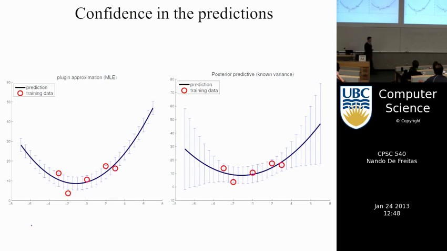Today's lecture is going to be about this. Maximum likelihood will give you very good predictions. So if you have those red points, you'll get that black line fit, which is a nice fit.